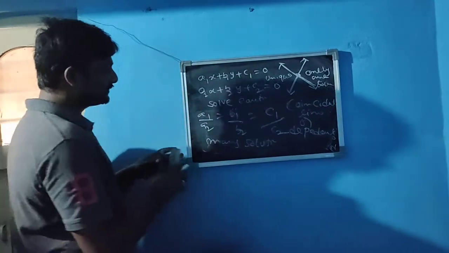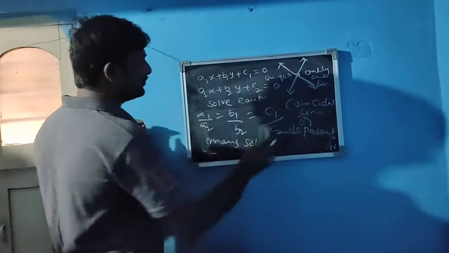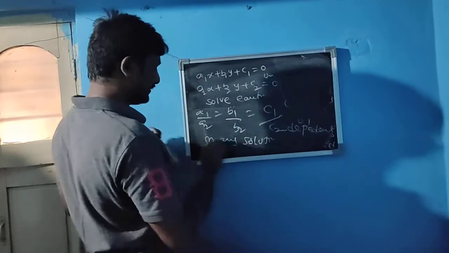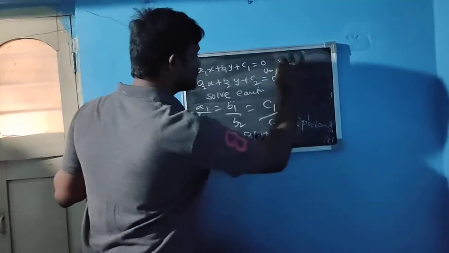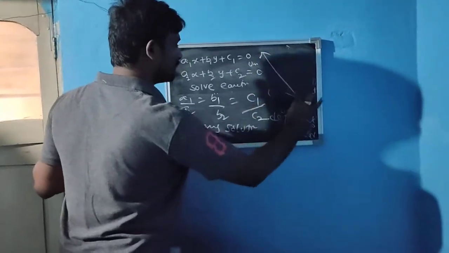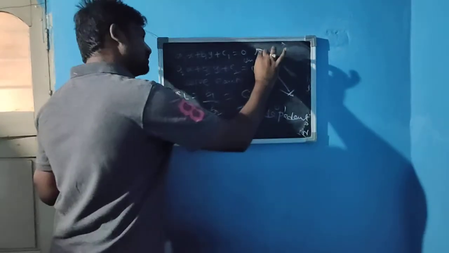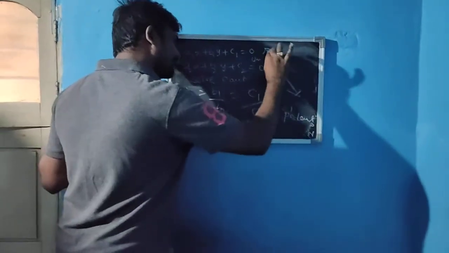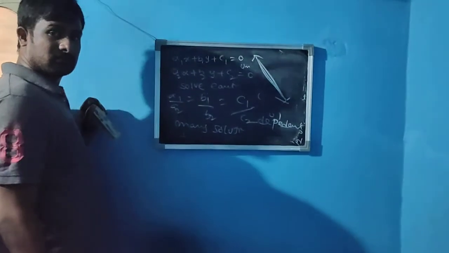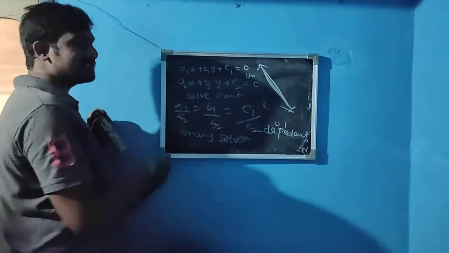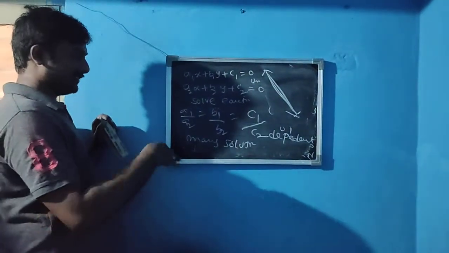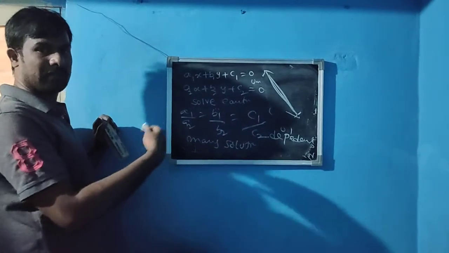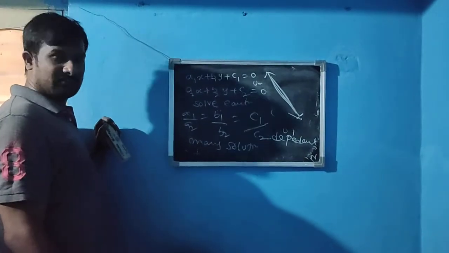So the graphical representation of dependent lines: suppose it has one solution, the second solution is on the same line. This is the way of representing different types of lines.